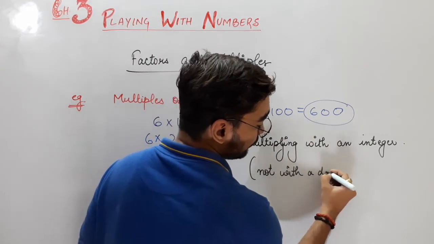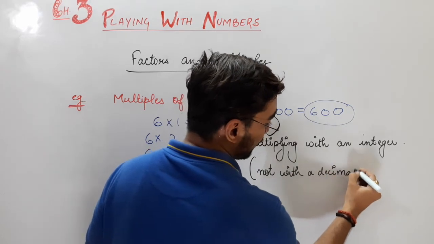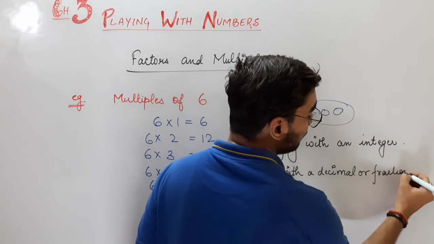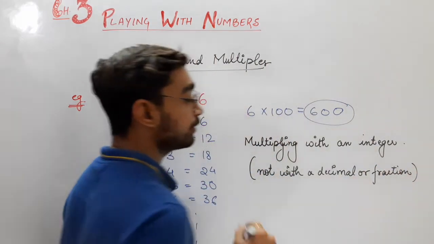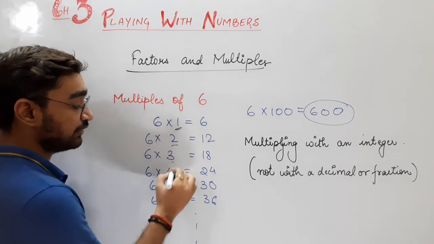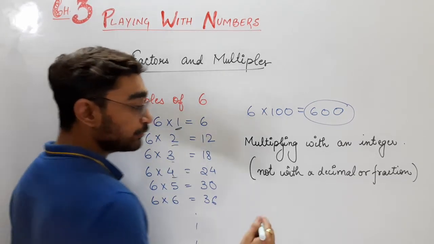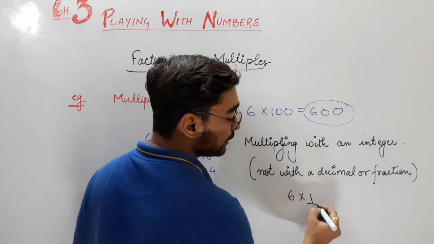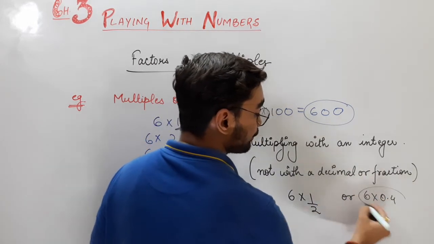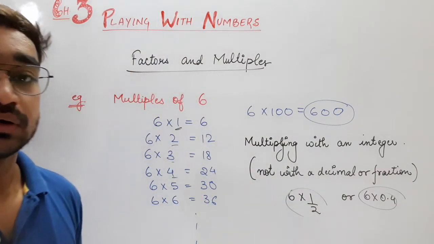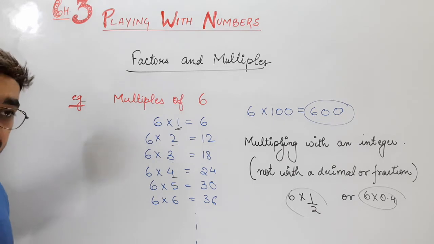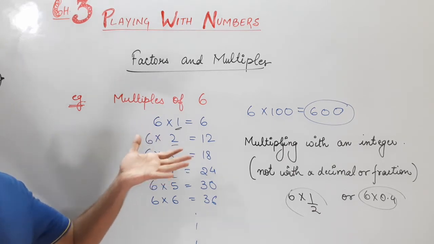You cannot multiply it with a decimal or a fraction. You can only multiply it with an integer, like 1, a whole number, 2, 3, 4, 5, 6, like that. But you cannot multiply like 6 into 1 by 2, or 6 into 0.4. You have to multiply it with an integer only, like a whole number only. So multiples are just the numbers which you get by multiplying.